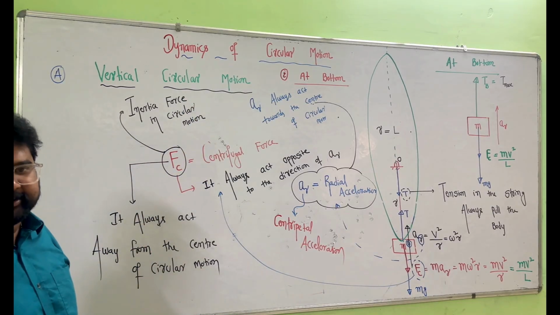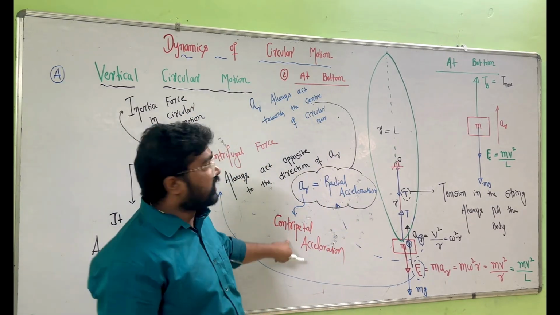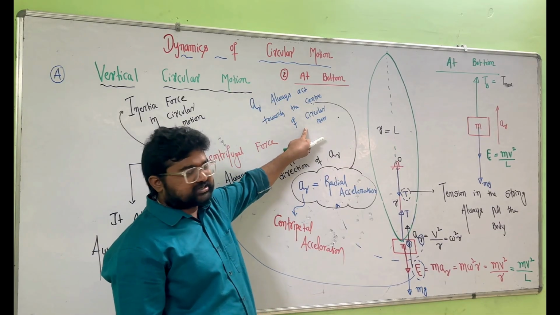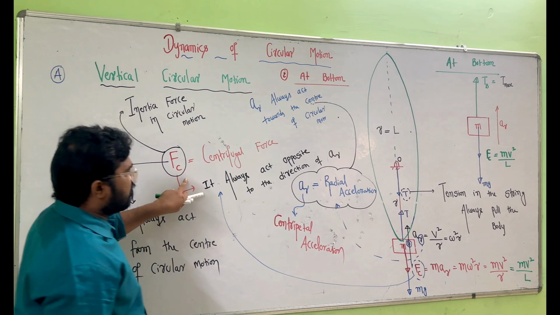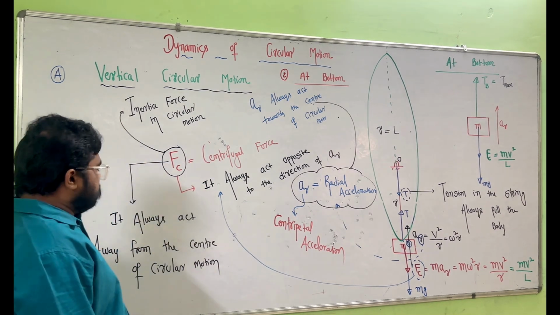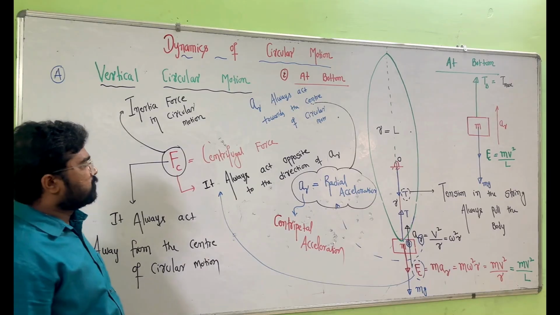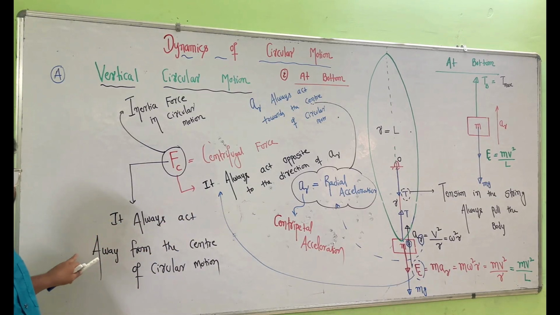This part is completed. Here, radial acceleration, centripetal acceleration always acts toward the center of circular motion. Centrifugal force always acts opposite to the direction of radial acceleration, that means away from the center of circular motion.